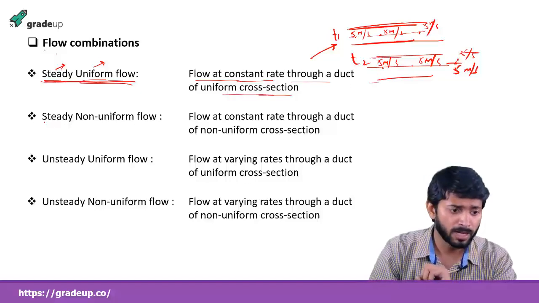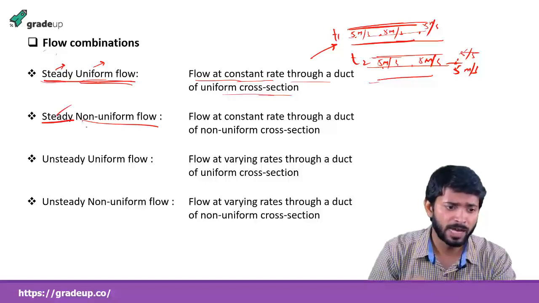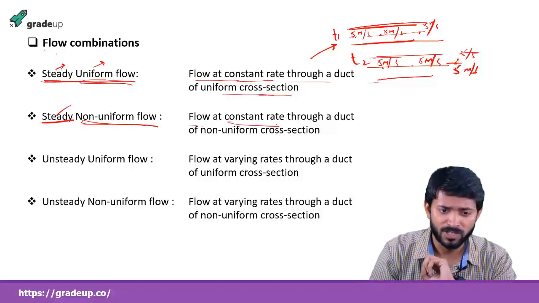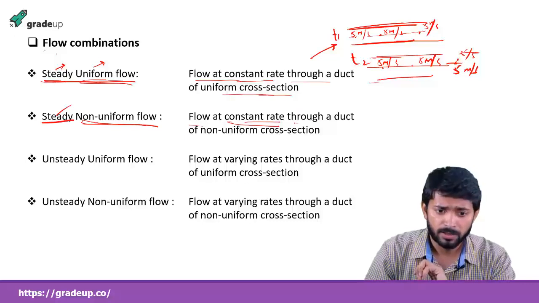Moving on, the second is the steady non-uniform flow. It is again steady, doesn't vary with time, but it is varying with space. That means non-uniform flow. The flow at constant rate, that means the rate is not changing with time, through a duct of non-uniform cross section.